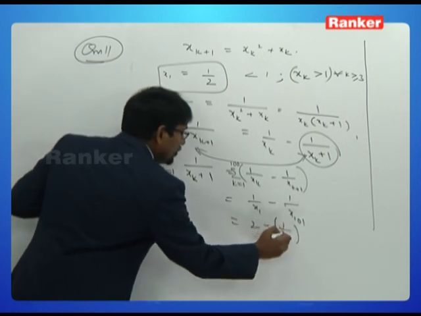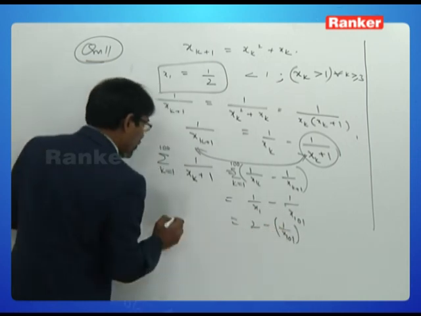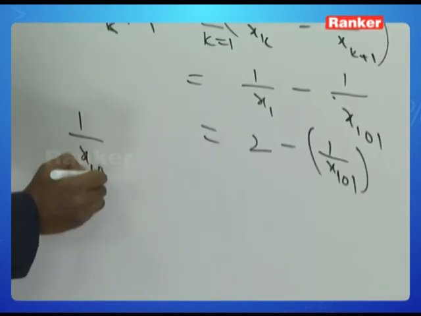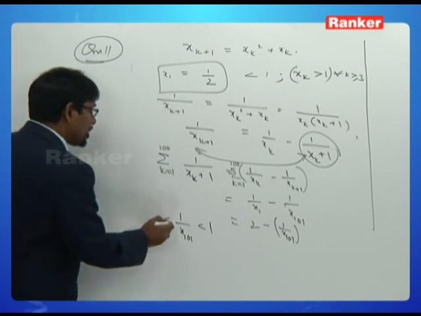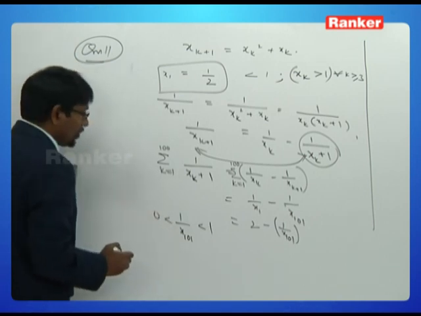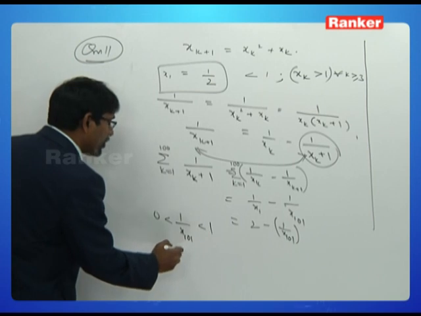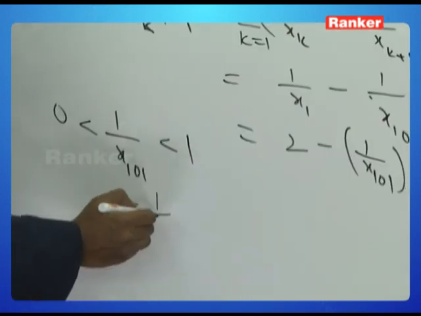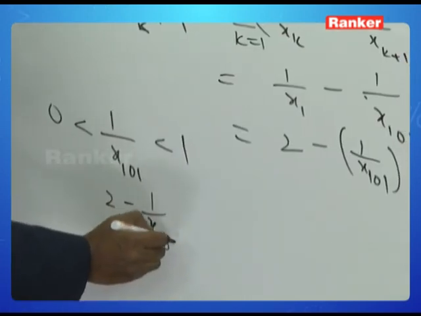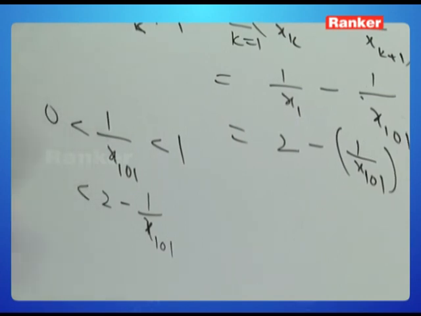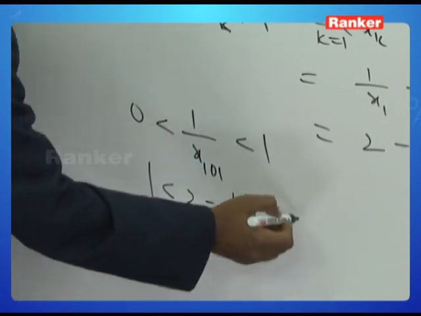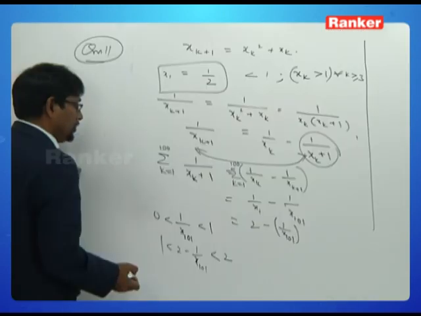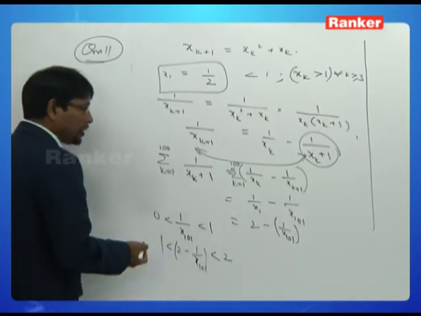We know that 1 by x101 is less than 1, and it is greater than 0. So when you are subtracting it from 2, the least value will be 1 and it will be less than 2. So this will be lying between 1 and 2.